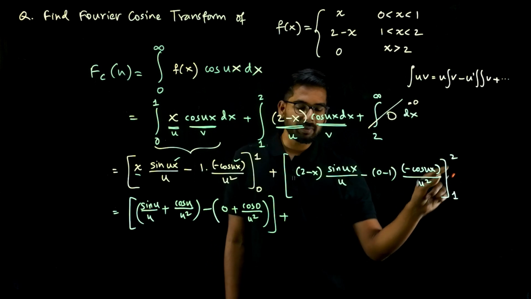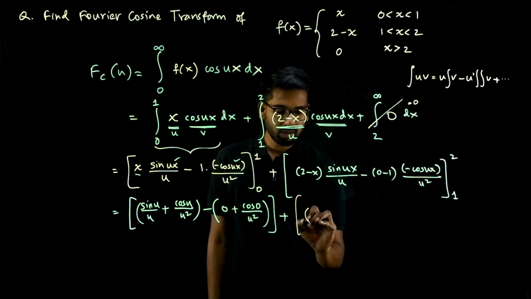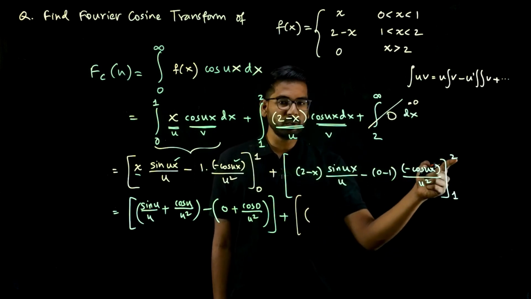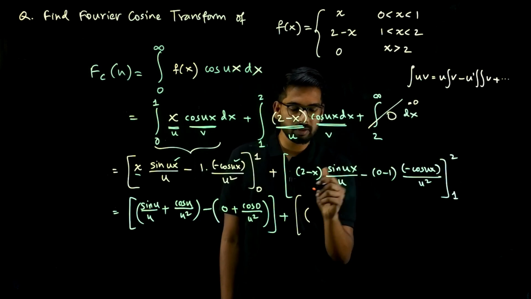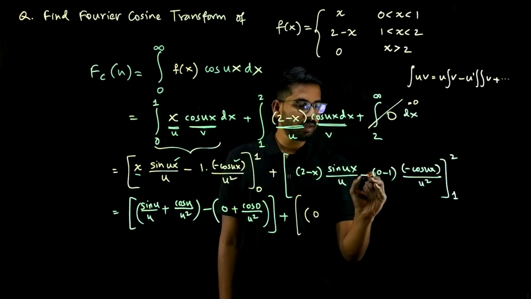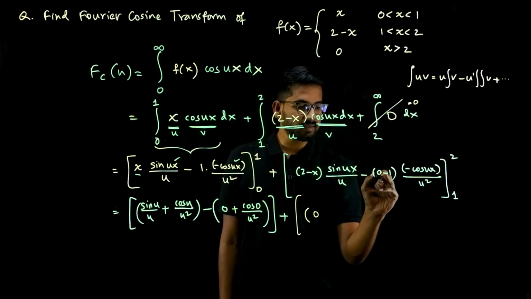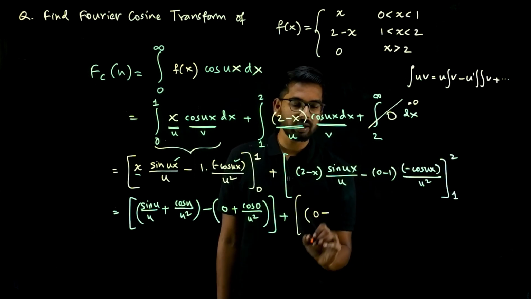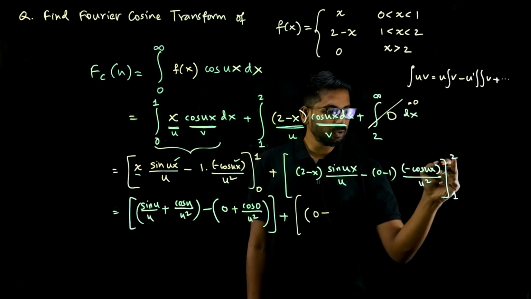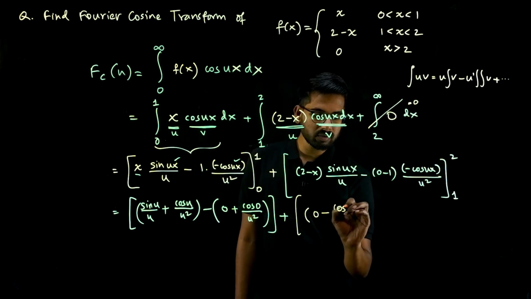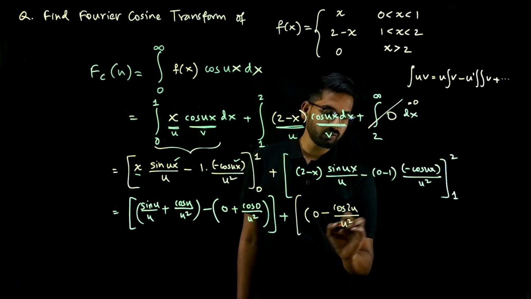Again here we need to apply the upper and lower limits. If you apply the upper limit 2, then 2 minus 2 is 0, so the first term will be 0. Minus into minus is plus, plus into minus is minus, so if you substitute 2 in place of x, you will get cos 2u by u square.